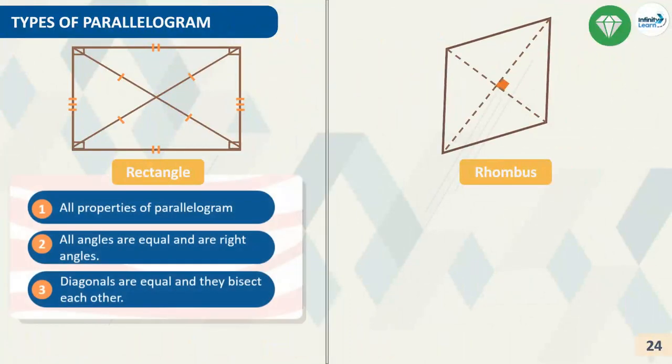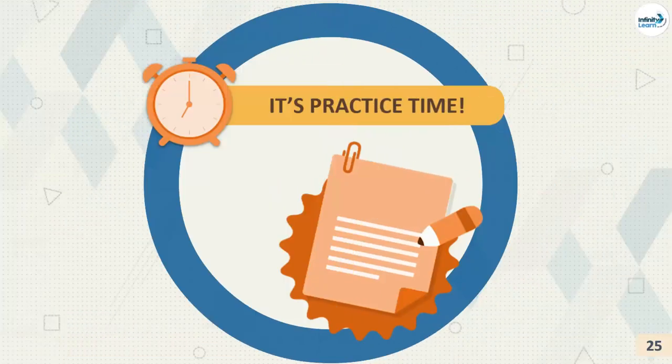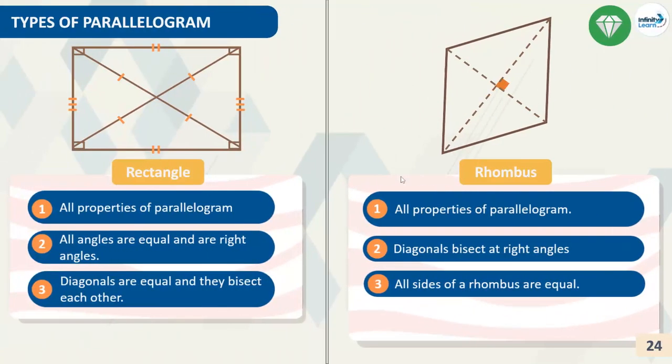Now talking about the properties of rectangle and rhombus. Properties of rectangle: all the properties of parallelogram, all angles are equal to 90 degrees, diagonals are equal and bisect each other. Properties of rhombus: all properties of parallelogram, diagonals bisect at right angles but they are not equal, and all sides of rhombus are equal.